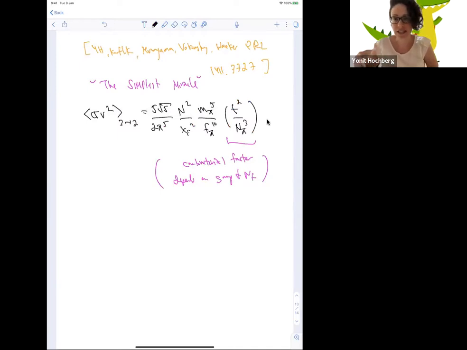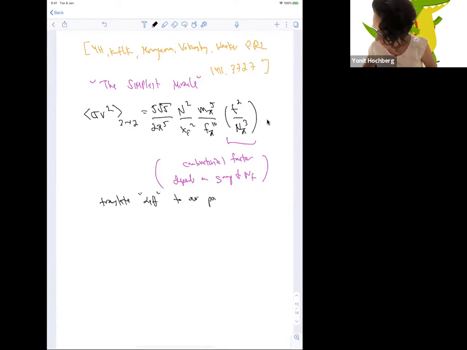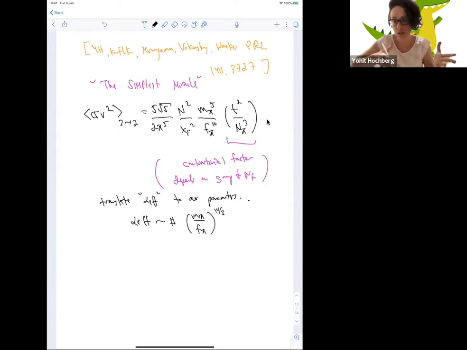Over here, we basically translate, in the old language, this alpha effective that we wrote down to our parameters. So, for instance, alpha effective is some number times what's really important in our case, the parameters m_pi over f_pi to the 10/3 power. So there's a direct translation between results we've obtained previously and the parameters of this theory.